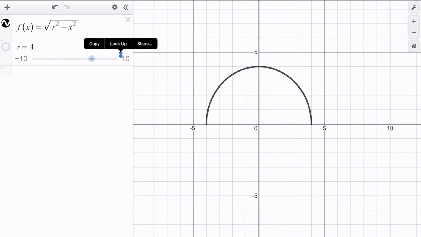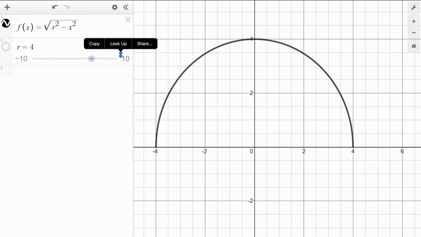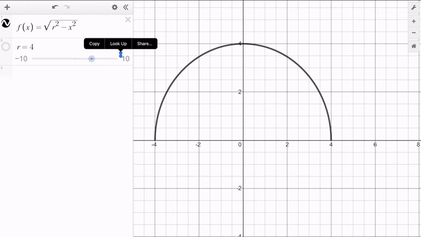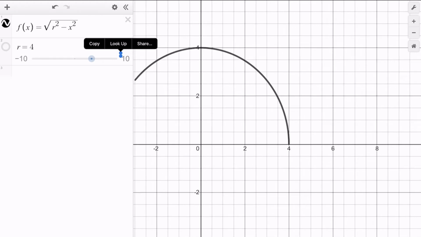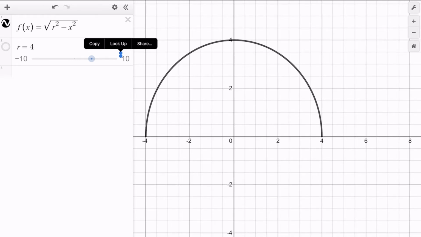Now in this case here, let's just go for r equals 4. The domain of the function is actually an interval, and it's every x value from -4 over here to 0 to +4, including those endpoints. So I can put in x equals -4 or +4.